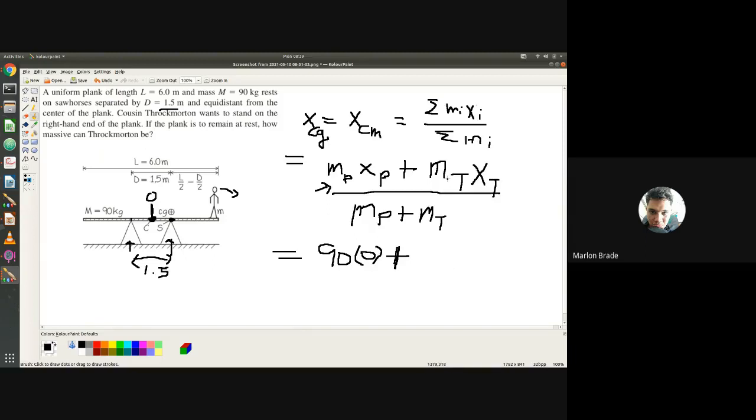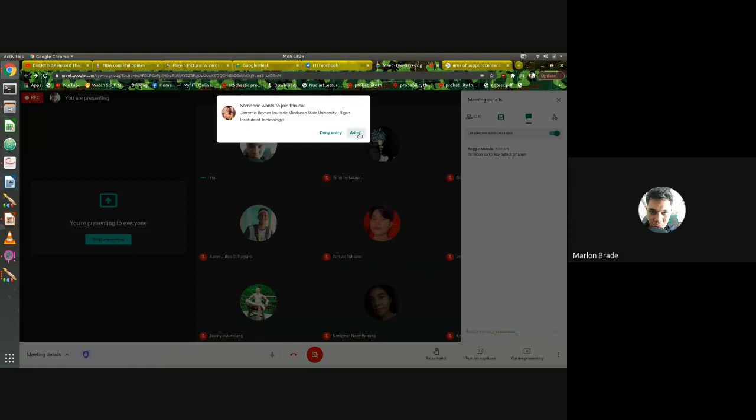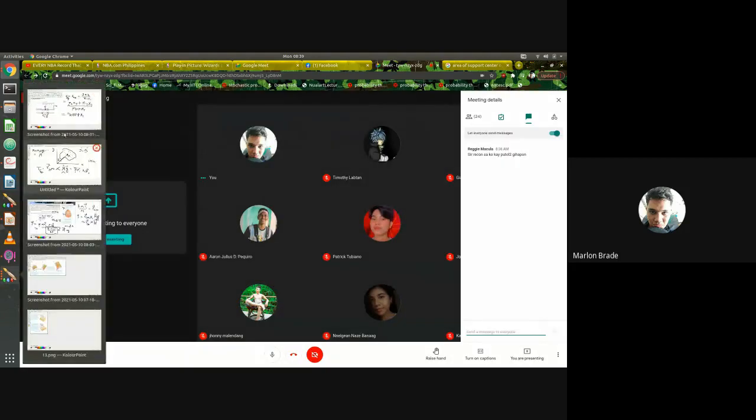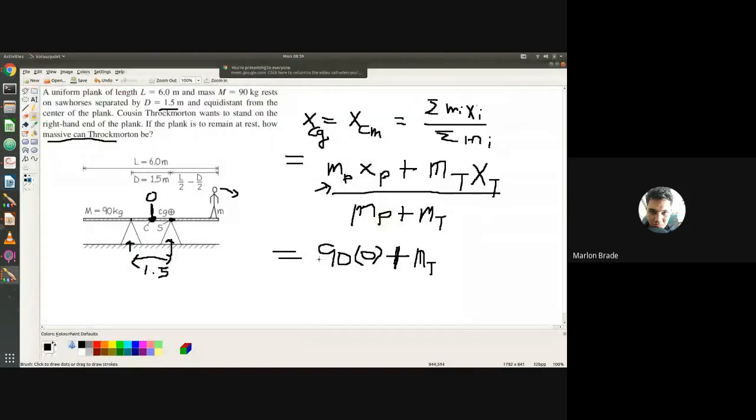Pila ang mass ni Throckmorton? Wala ta kabalo kung pila ang mass ni Throckmorton, di ba? Mao tong gipangita. Wala ta kabalo so tawagon nato tong mass ni Throckmorton M sub T. But let's assume nga M sub T ang mass ni Throckmorton. Question, unsa kalayo si Throckmorton from the origin nga imong gipili?